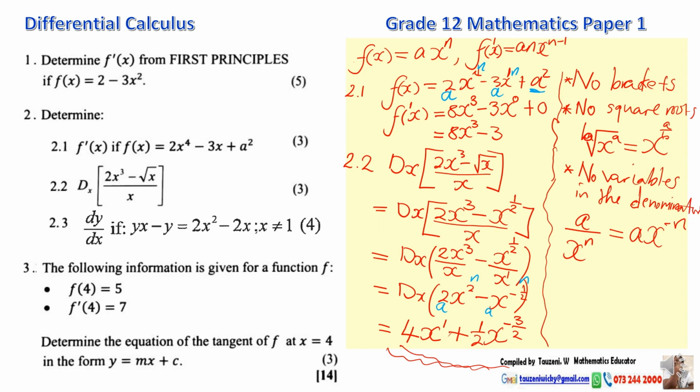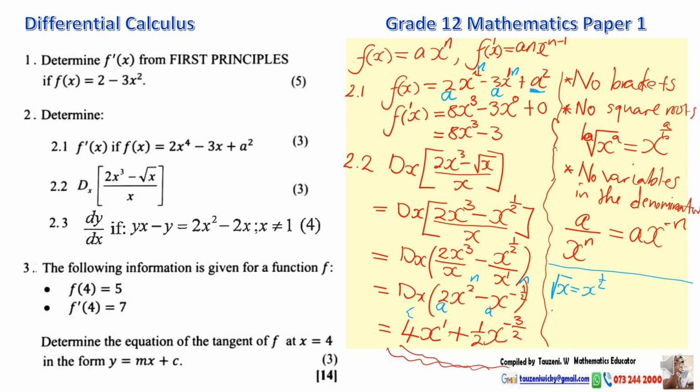So once again, the critical part of such questions is making sure that you know how to simplify the expression before you differentiate. Notation is also important. I keep the expression dx, but in the last part of it, I don't have it because I have now differentiated. So if you can remember the square roots, the square root of x is the same as x to the power of 1 over 2.